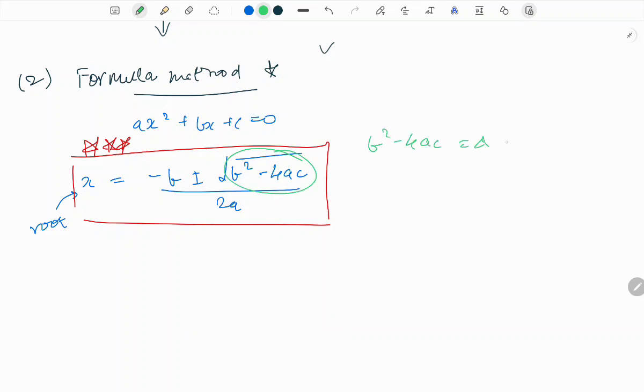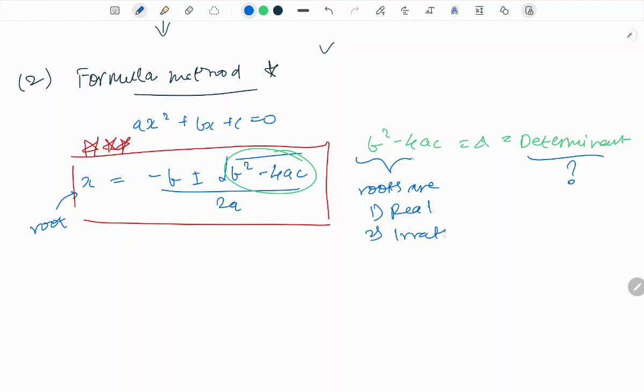And this term right here, b square minus 4ac, is called the determinant. Now why is it called the determinant? That's the question. This term determines whether the roots are real, irrational, or imaginary, and even whether they are perfect squares.